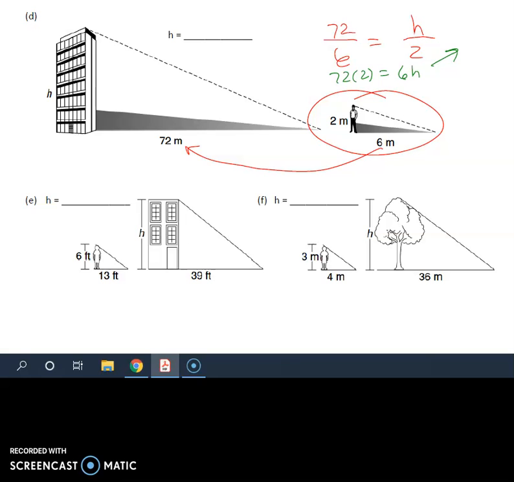So it's 144 equals 6h. And then if I divide both sides by 6, I get 24. So the height of the building is 24 meters. So a meter is approximately 3 feet, so we're looking at about 72 feet tall.